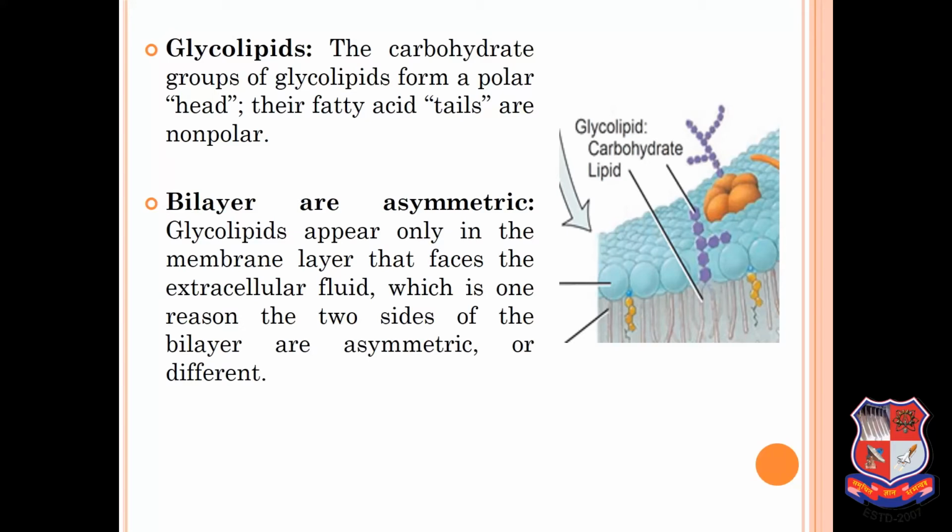Because glycolipids appear only in the membrane layer that faces the extracellular fluid. Glycolipid is not present on both layers, but only on the side that faces the extracellular fluid. So the two sides of the bilayer are asymmetric, or different, meaning both are not similar.